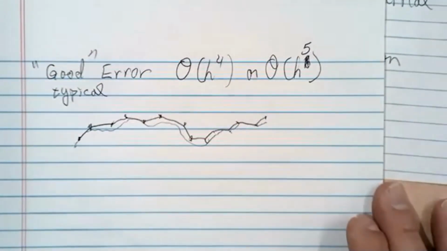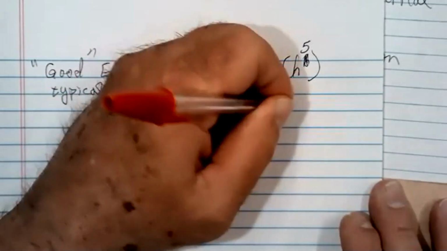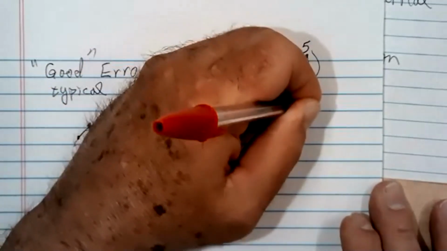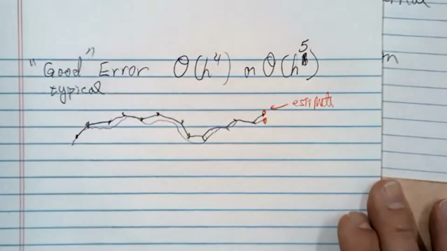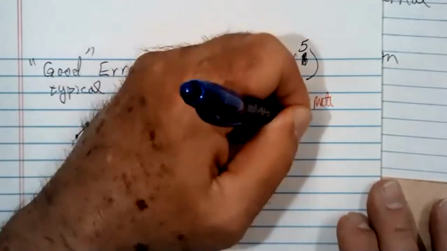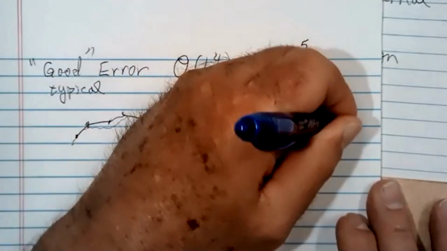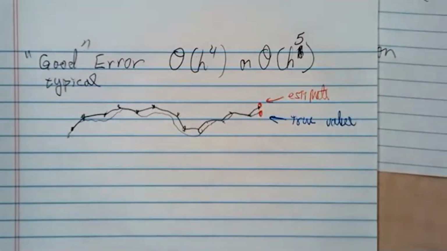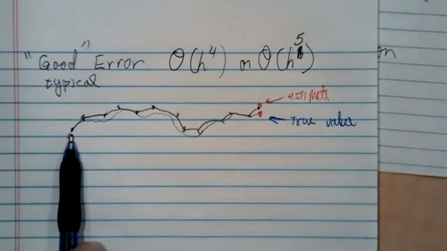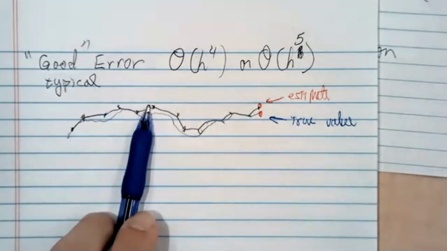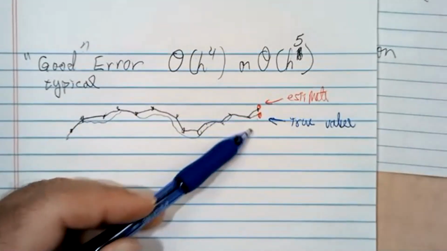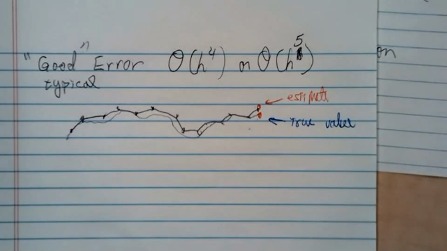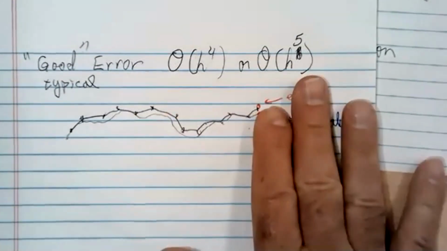So at the end, you've got your estimated value and you've got your true value. And if you could work in infinite precision, we can't, but if we could, the smaller step size we take all through this process, the closer those 2 points are going to be at the end. So the significance of order 4 or order 5 is this.